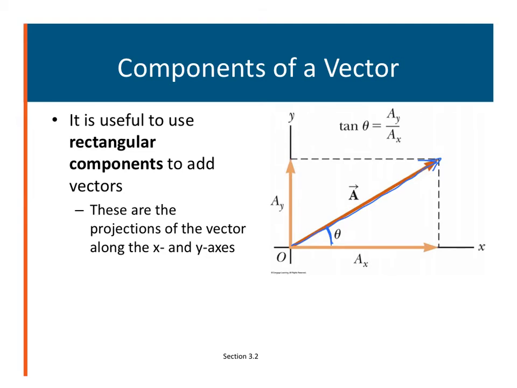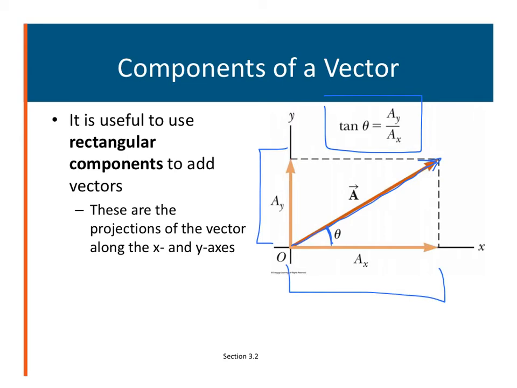We can think about it as how big is this vector along the x-axis and how big is this vector along the y-axis. And so we have an x component we call A sub x and a y component we call A sub y. And we know that these relate using one of our trig functions, the tangent of theta.